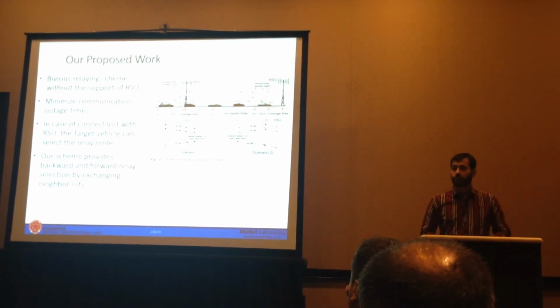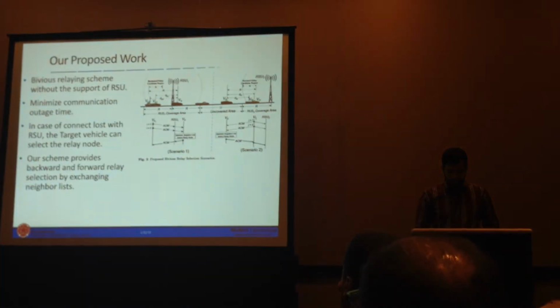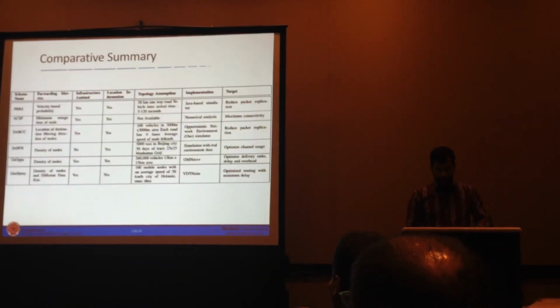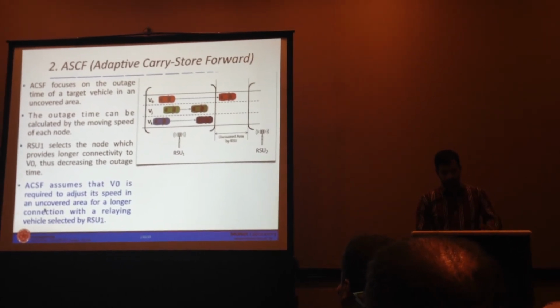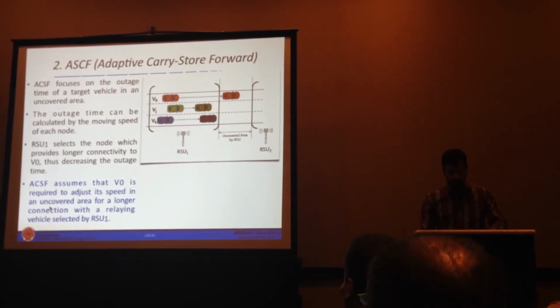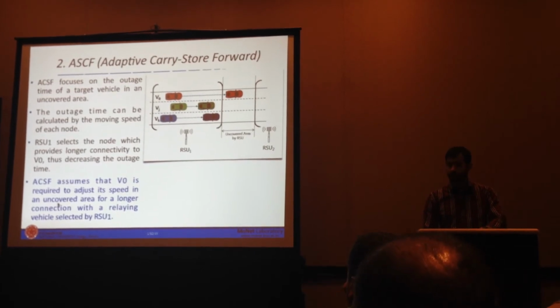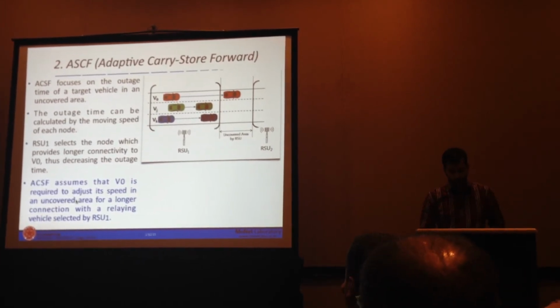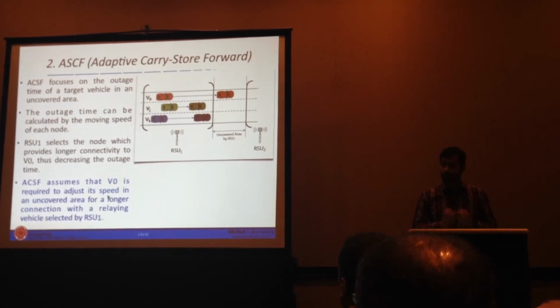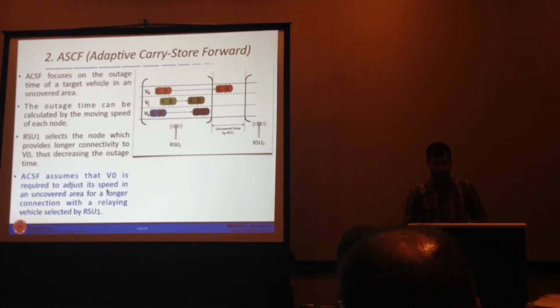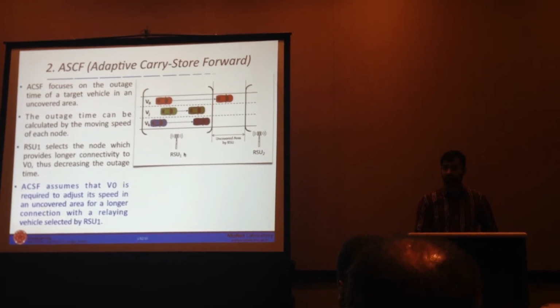So this was our proposed scheme, which we actually targeted. If I could take you back to this point, because this scheme was recently published, and we targeted some drawbacks of this scheme, because it assumes that the vehicle should adjust its speed, and all of the decisions are taken at the RSU level.